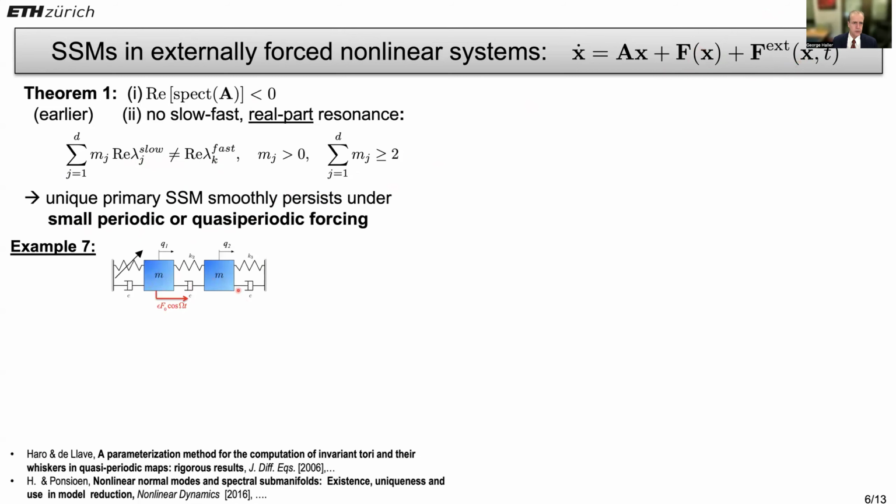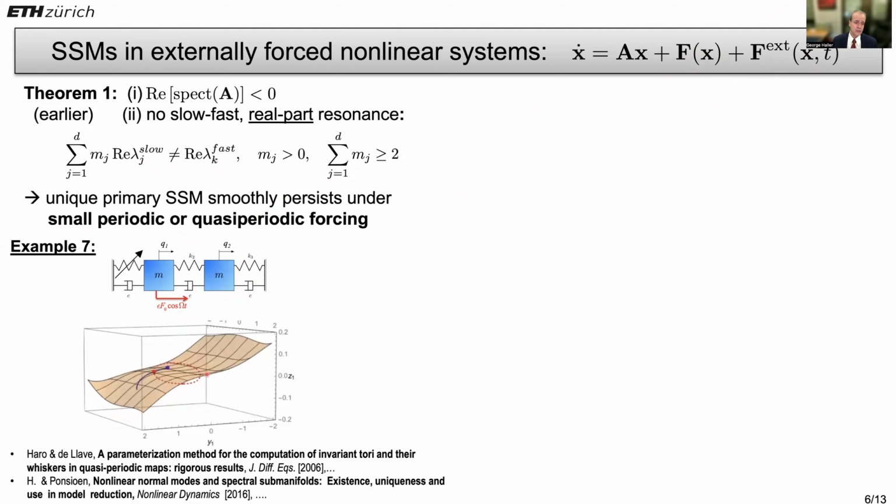So if you look at this original Shaw-Pierre example and you start forcing it, what transpires is essentially that you will have a periodic orbit into which the equilibrium point perturbs, and you have this magic carpet that moves periodically, and you can reduce your system to that and get a reduced-order model.